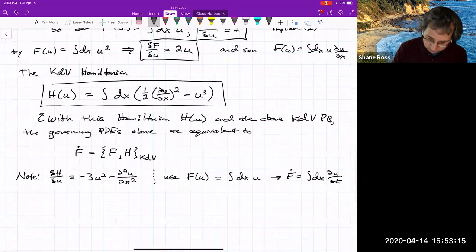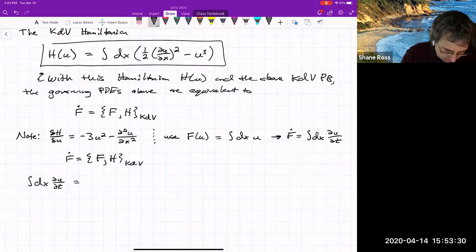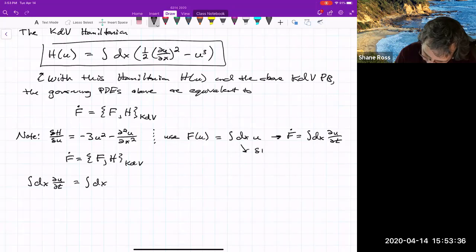And what will you get? f dot equals f with h, the Poisson bracket. The left side gives us dx, partial u partial t. The right side gives us dx, and remember with this f, just like we found above, the functional derivative of f with respect to u is just equal to 1.